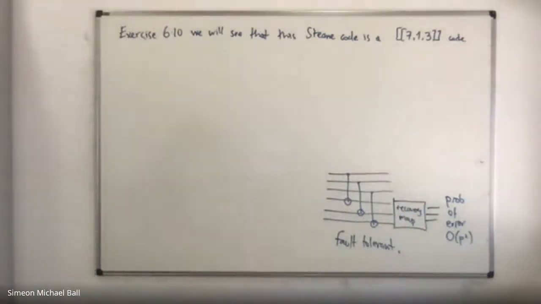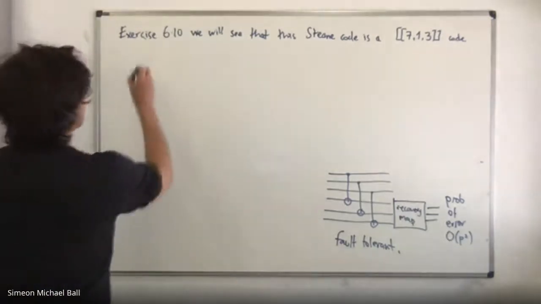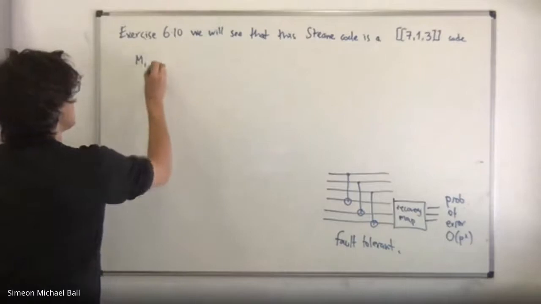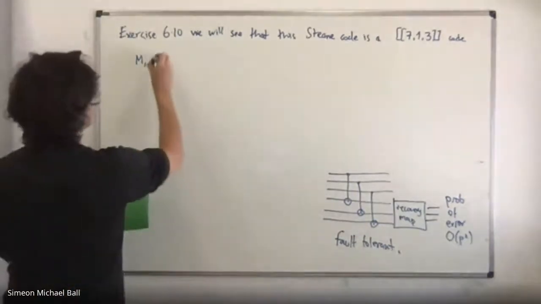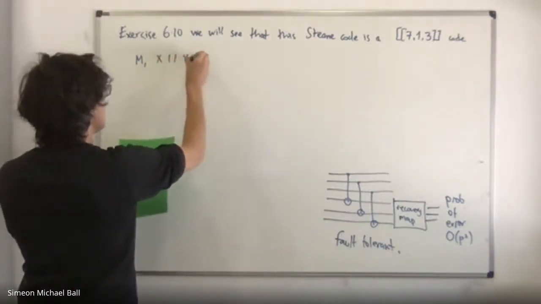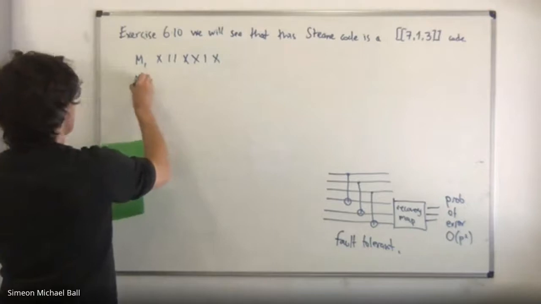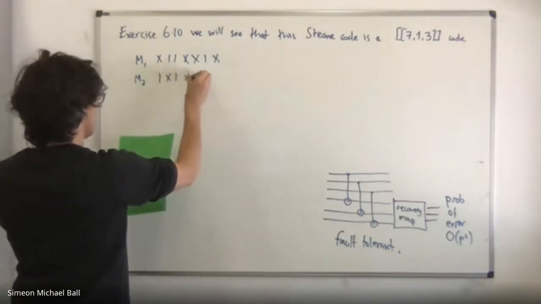And you may wonder why we bother with a [7,1,3] code when we already saw a [5,1,3] code. And the reason is because it has very nice stabilizers. So M1 here is X, 1, 1, X, X, 1, X.